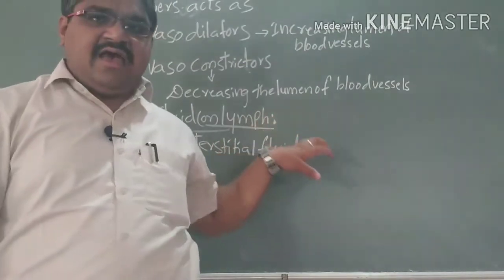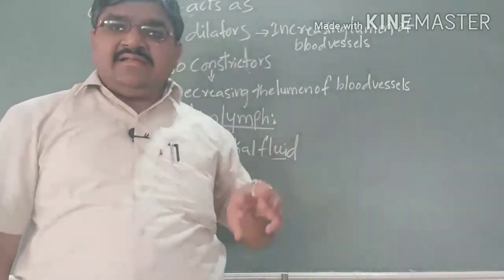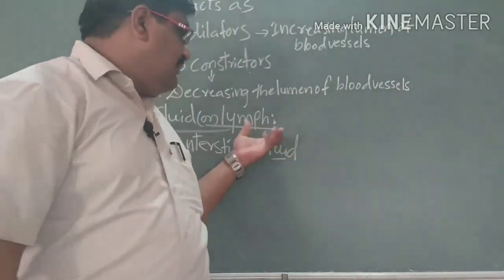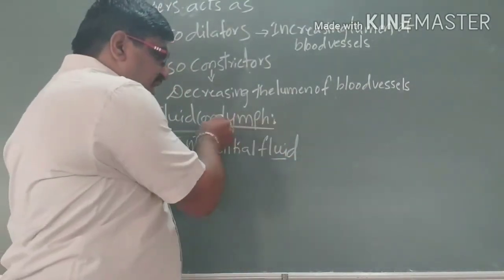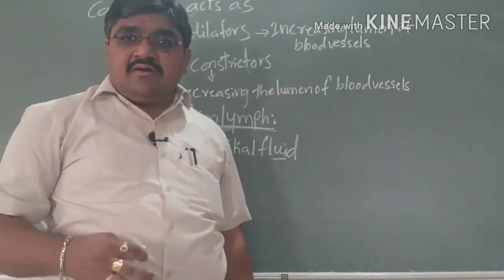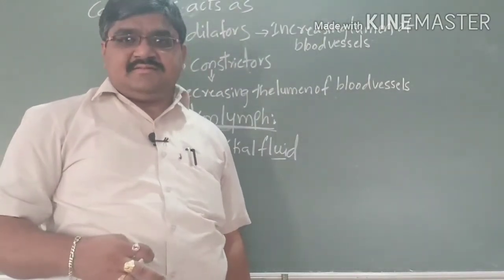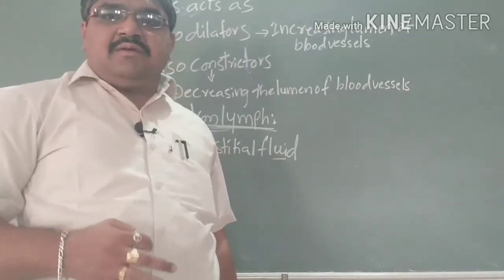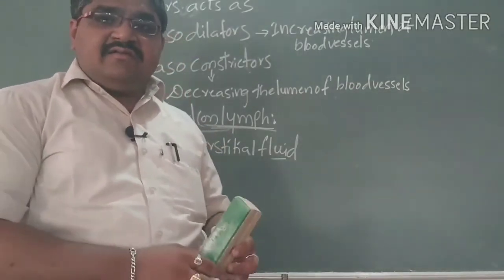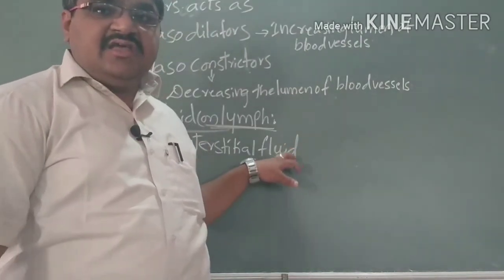Just as the blood contains plasma, the same type of plasma is also present in the lymph, except that it does not have the blood proteins. Except for blood proteins, all the remaining contents are the same in the lymph.